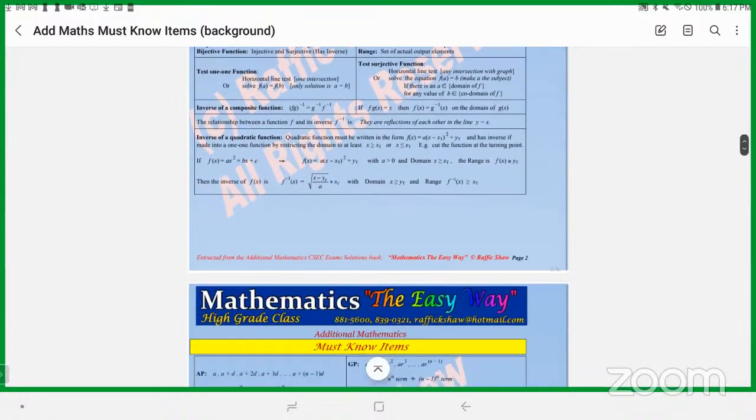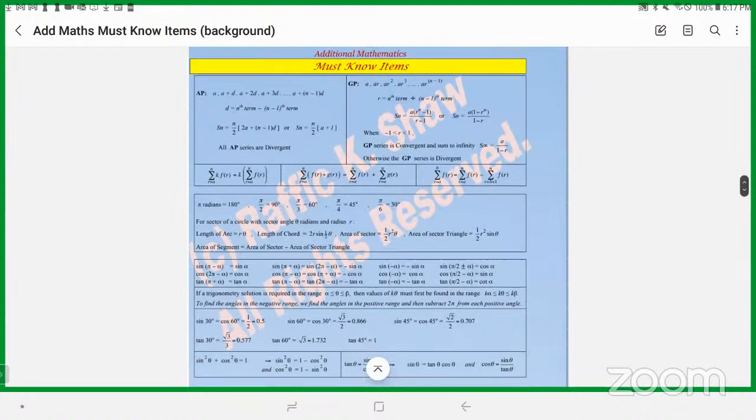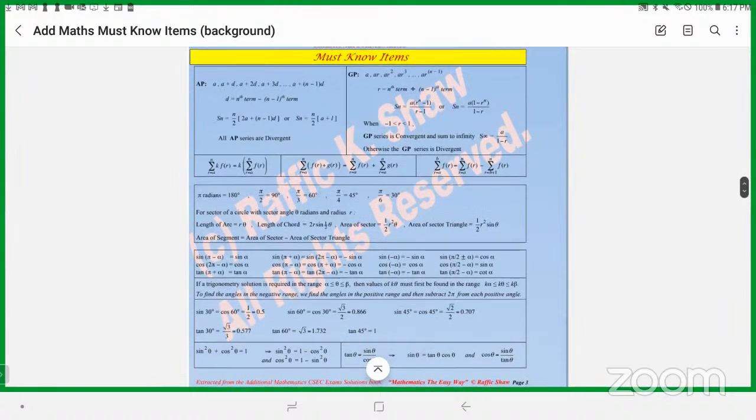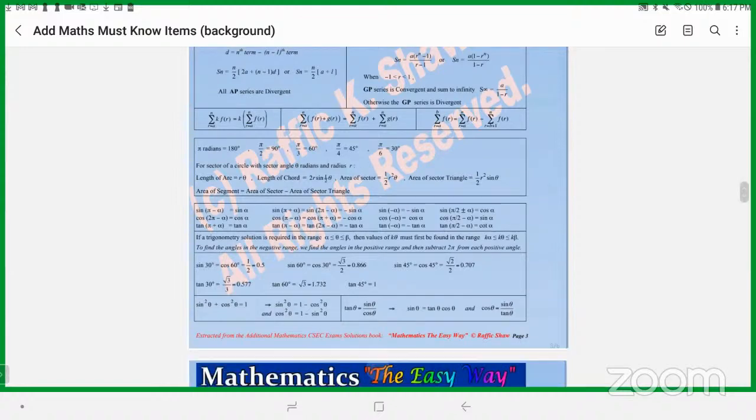All right. This is page 3, which has the AP, the GP, summation. Right. Then we have some trigonometry in there, stuff that you must know. If you know these things, then the exam will be very easy. All right. These questions are centered around your knowledge of these things.